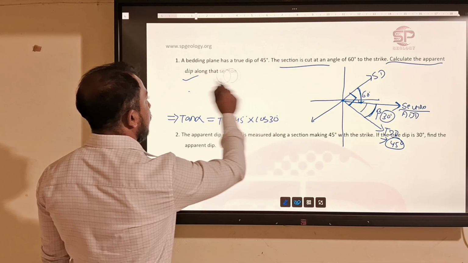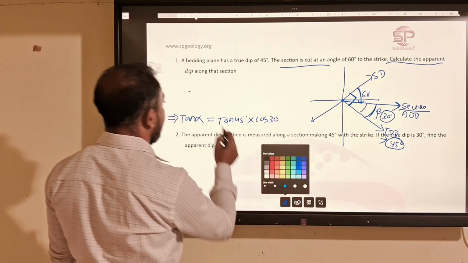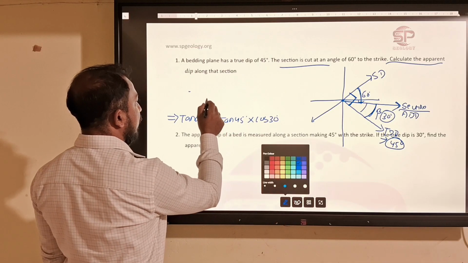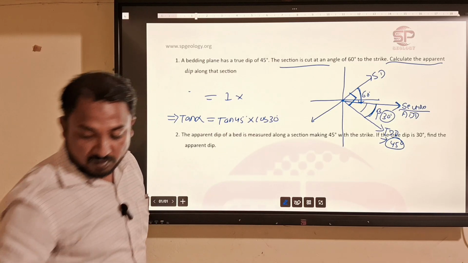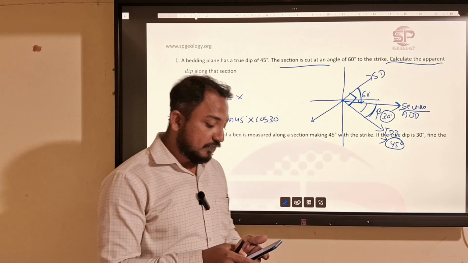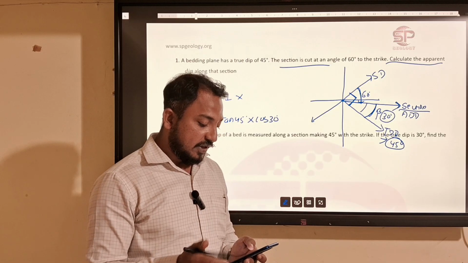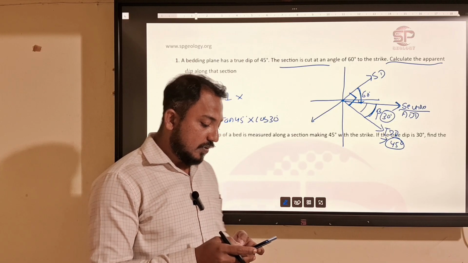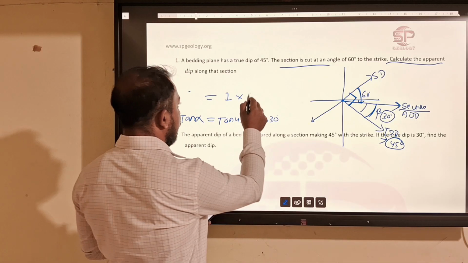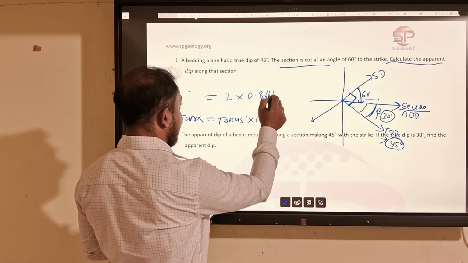Write down here tan 45 equal to 1 into cos 30. You can use the calculator. Cos 30 will be approximately 0.866.